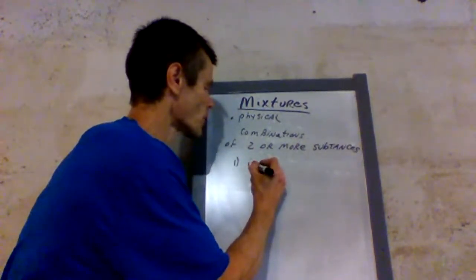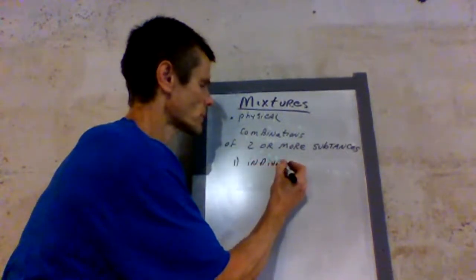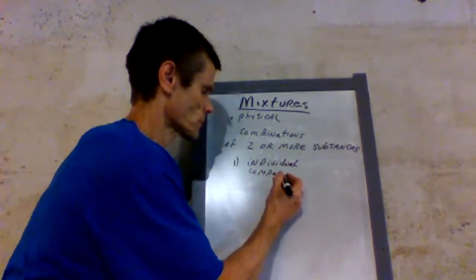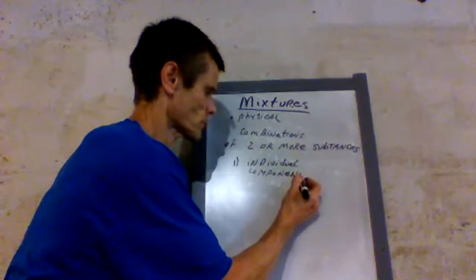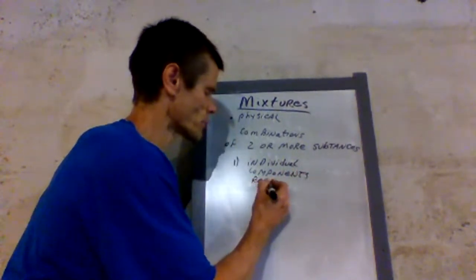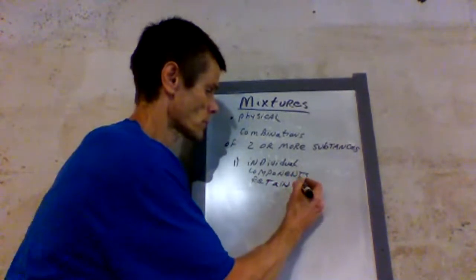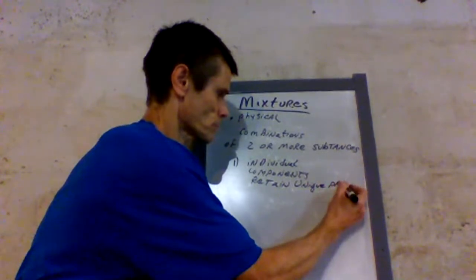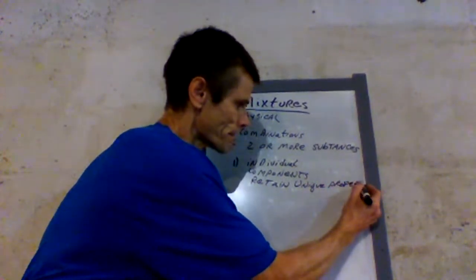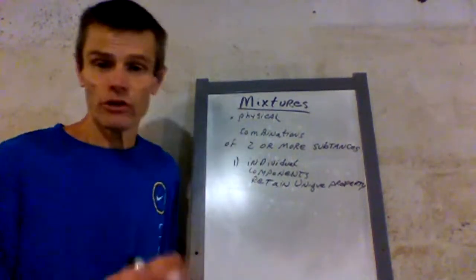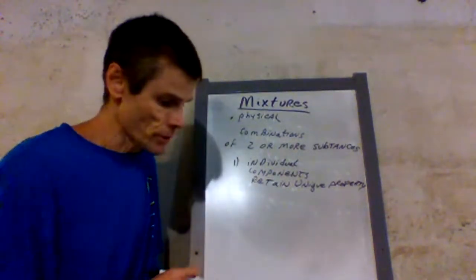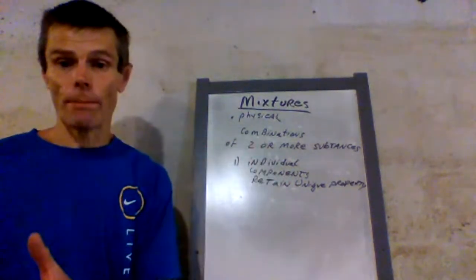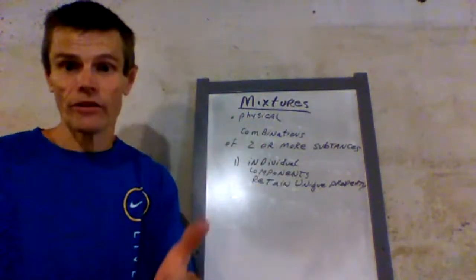So individual components retain their unique properties. Another, mixtures don't have definite or fixed composition. In other words, mixtures oftentimes have variable composition depending upon where the sample was collected from.